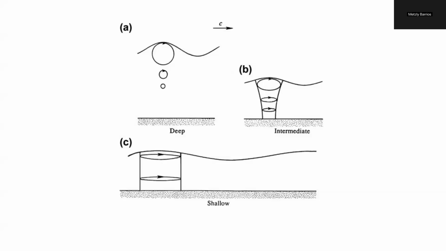So what does kh look like? So h over lambda is bigger or smaller than one here?